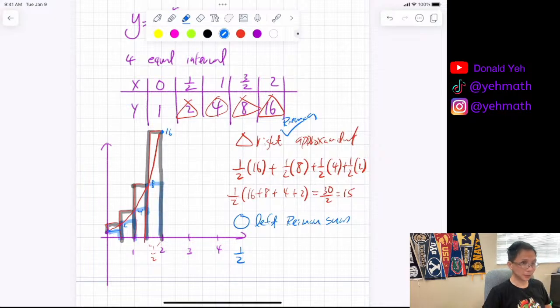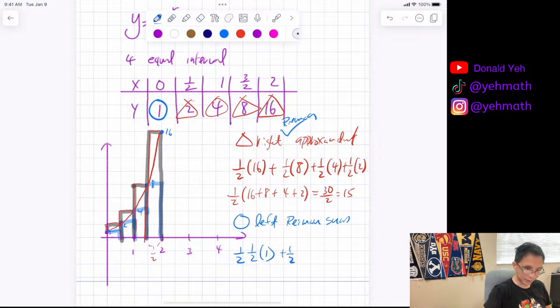So this one's under approximation because the function is increasing, and that's why it's under approximation: your leftmost value is the lowest value. So it really depends on the over or under. In this case, all we gotta do is start from the left, which is half. What is the first value? 1, right?